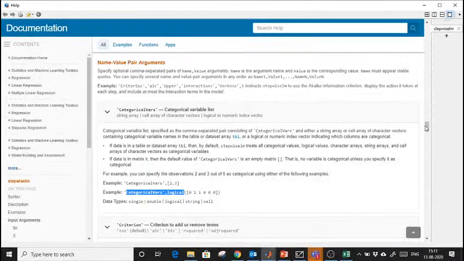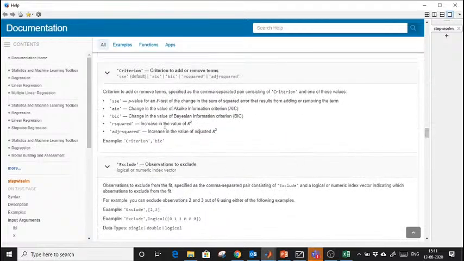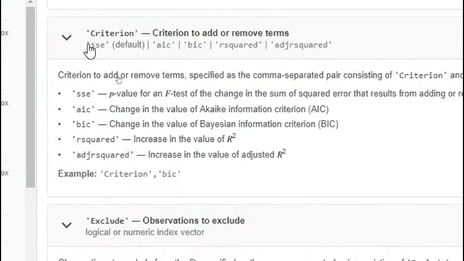Now criteria. What is criteria here? It is the criteria you choose to decide which mathematical equation will be your best. Let's say I have 10 equations. I have to provide some kind of criteria. It will compare with that criteria and select which mathematical equation is the best. Let's say I am providing MSE, mean square error.